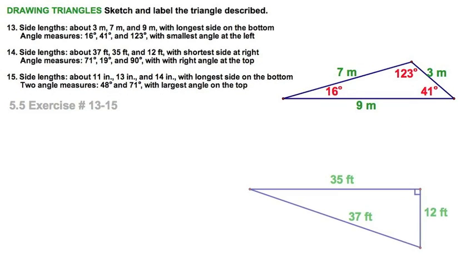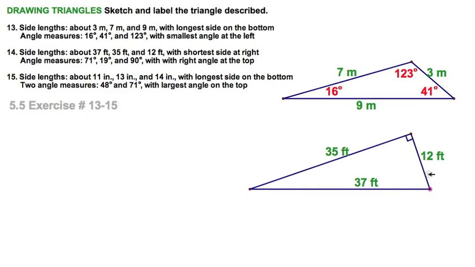Let's draw 14. Now we've got 12, 35, and 37 respectively. It says with the shortest side at the right and with the right angle at top. I could interpret it like this, but I think they probably meant that. Either way, I'd take either of those interpretations.